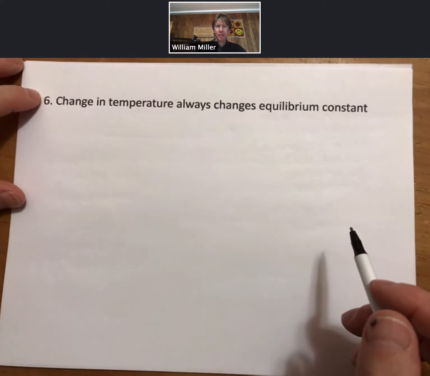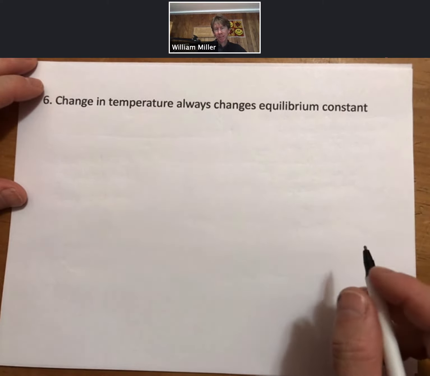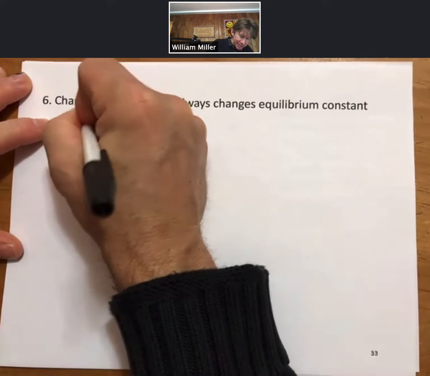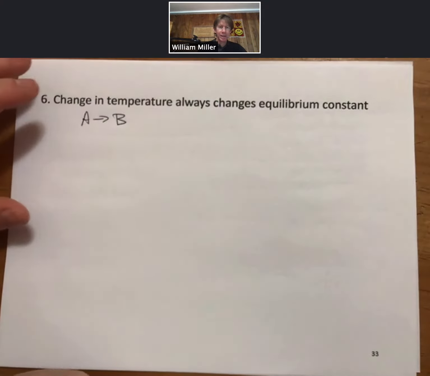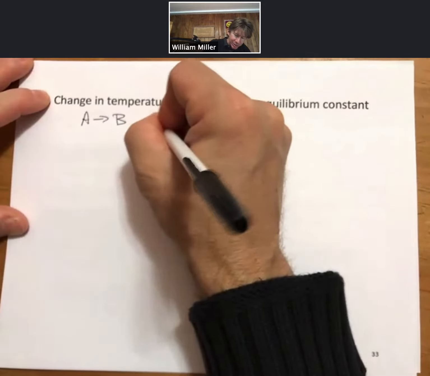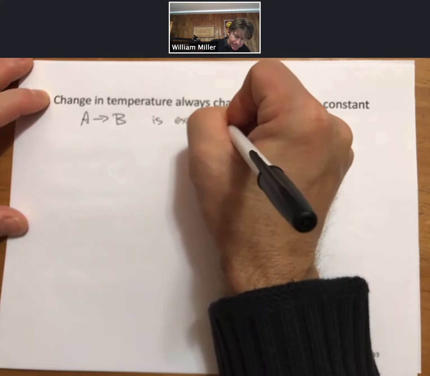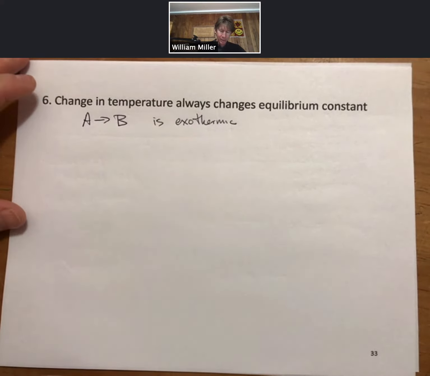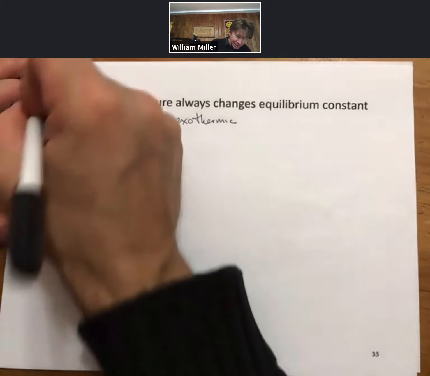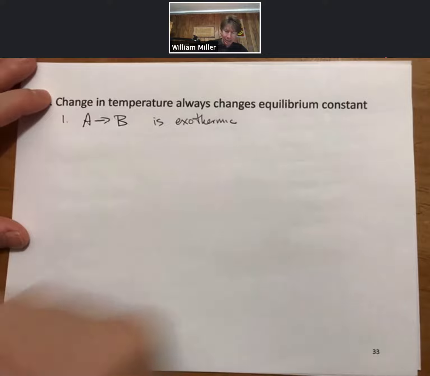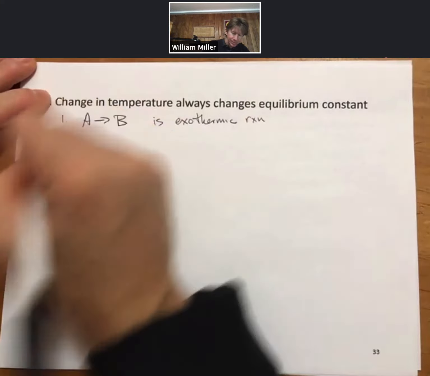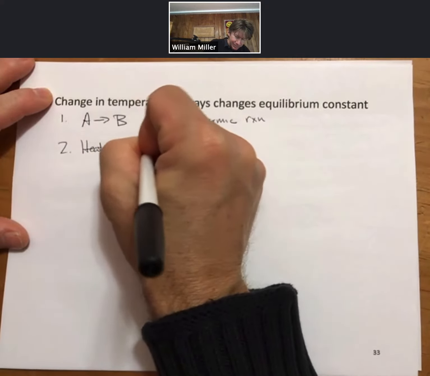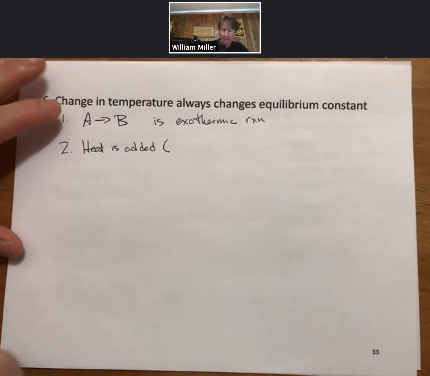Now, it's worth noting that a change in temperature always changes the equilibrium constant. Let's take a simple example of a reaction going A to B, and this reaction is exothermic. Heat is added, or temperature is increased.